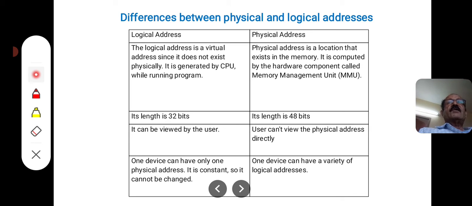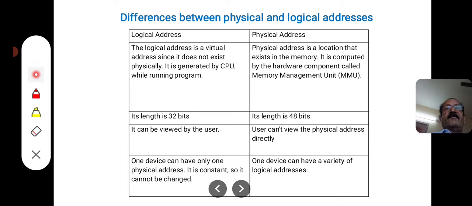A logical address is a virtual address. It doesn't exist physically. A physical address exists physically, available in the memory. A logical address is generated by the CPU while running a program. It is generated by the memory management unit. Lengthwise, the logical address is 32 bits and this is 48 bits. A logical address can be viewed by the user, and this physical address can't be viewed directly.